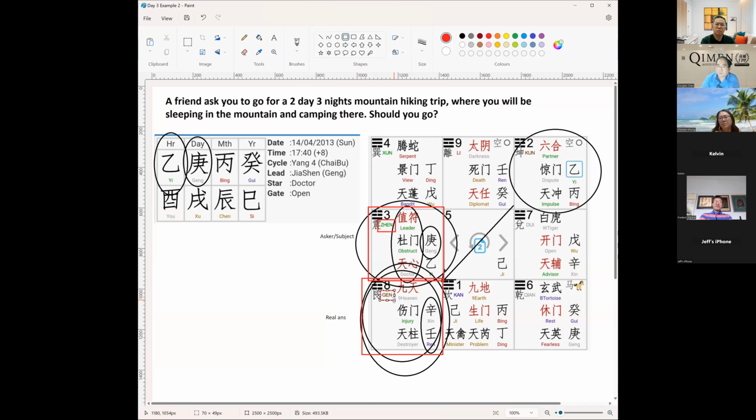When earth and wood come together, is it producing or clashing? Do you remember? When wood and earth come together, is it producing or clashing? Clashing. What clashes what? Wood clashes earth.